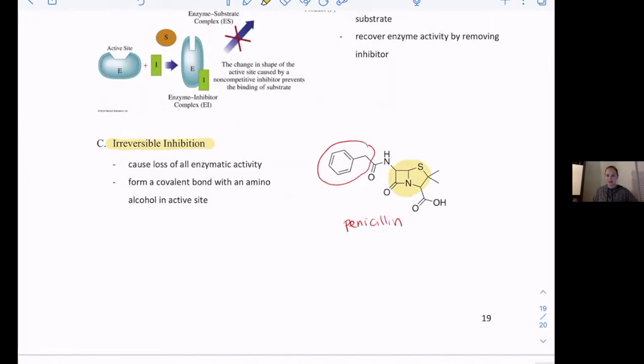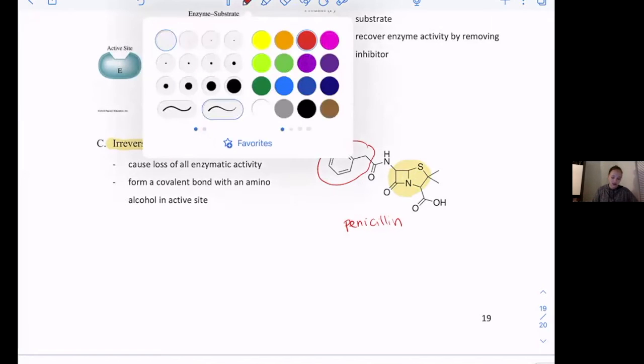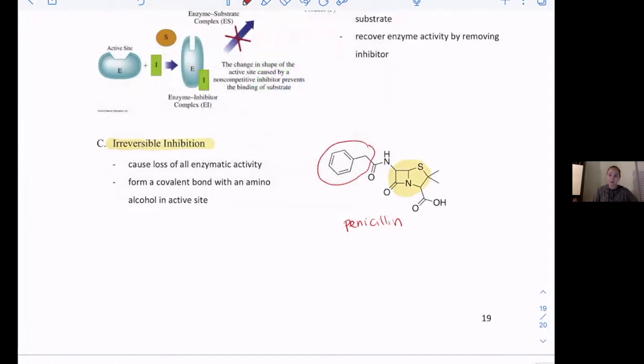I'm not going to show you how because it's kind of complex, but this is a very reactive core, and it covalently bonds to amino acids in the cell walls. So this is an antibiotic. In that infection, whatever is causing that infection, penicillin covalently bonds to the enzymes responsible for growing new cells.